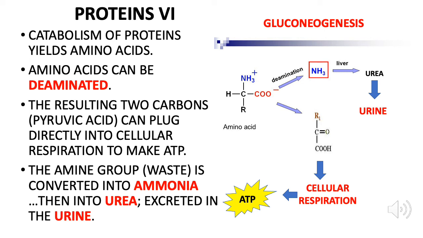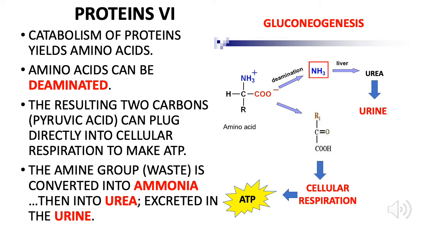So what we have left over, though, is this 2-carbon compound, and you'll see the other arrow pointing to it, and you'll see the side chain labeled R, and then you'll see the 2-carbon compound, and that particular 2-carbon compound can be plugged into cellular respiration. Or what I could do is take 3 of those. And if I take 3 2-carbon compounds, that gives me 6 carbons.